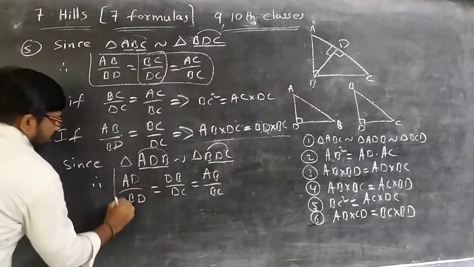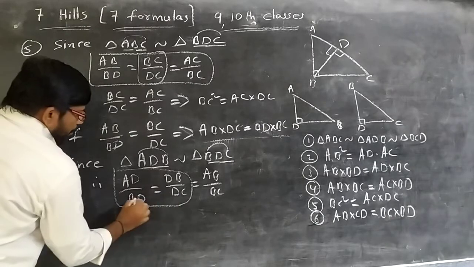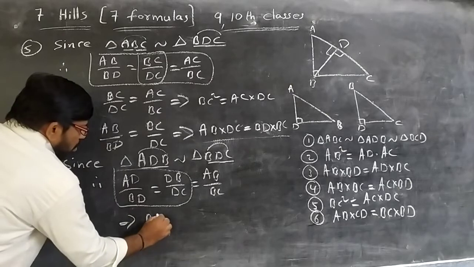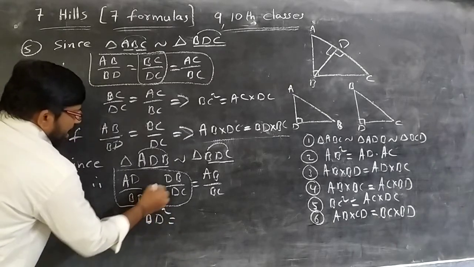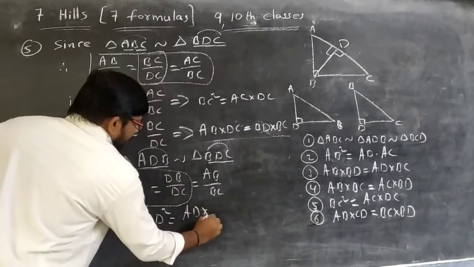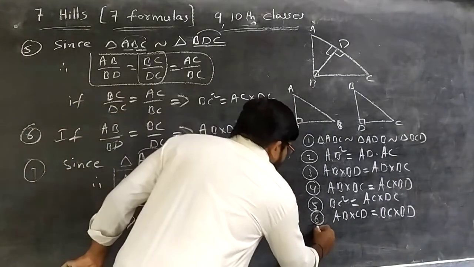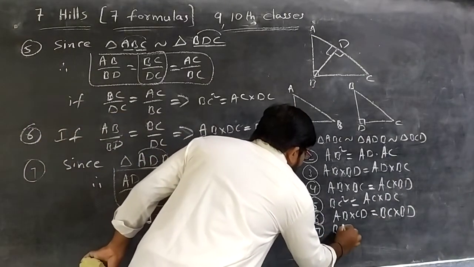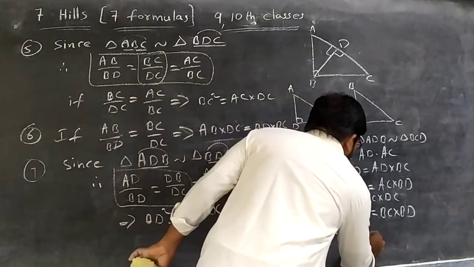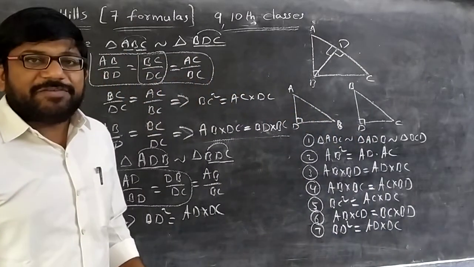By taking these two equalities, we get the seventh formula. By cross multiplying, BD square is equal to AD into DC. That is the seventh formula.